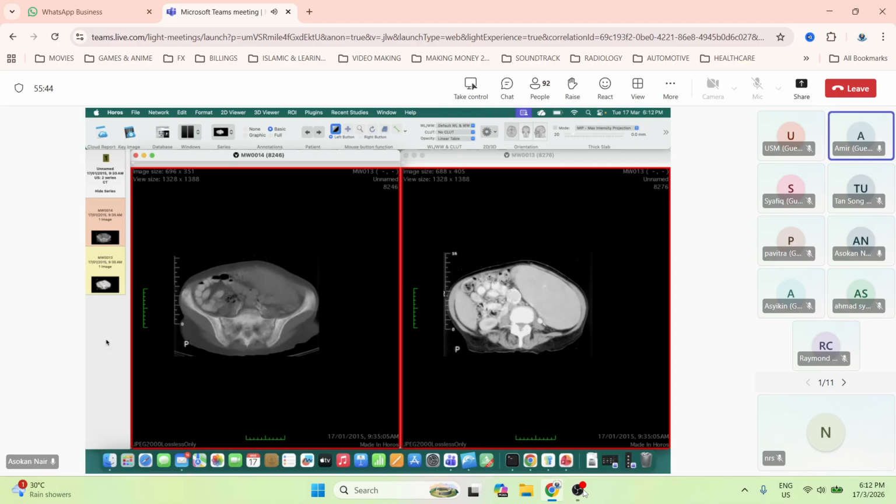Otherwise, the visualized abdominal aorta appears patent. I could not see the left kidney as well. Oh, sorry. The left kidney is okay. Yep. Okay. So in conclusion, this mass is arising probably from the retroperitoneal area.